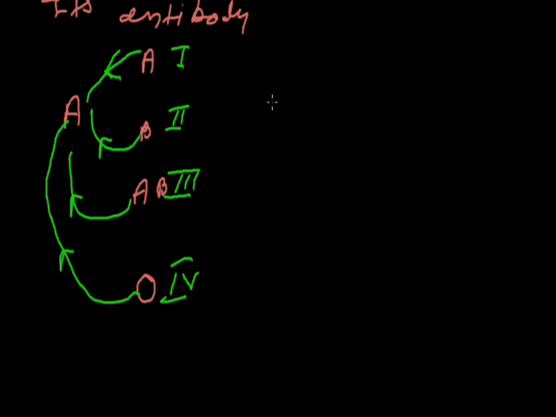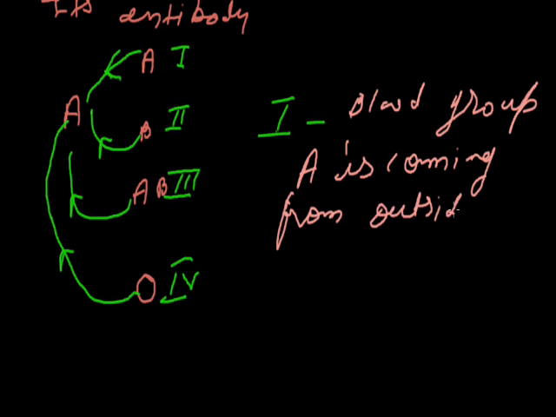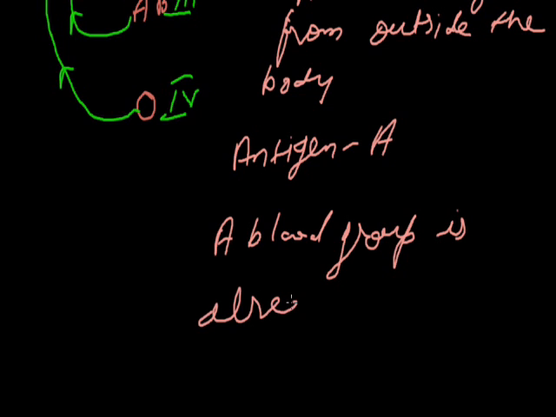If I deal with case number 1, the blood which is coming from outside the body is blood group A. We should watch its antigen, A, and blood group A is already inside the body.